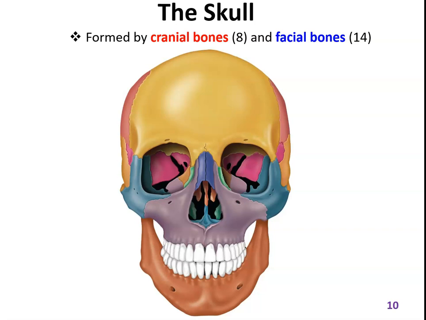There are a lot of holes that have to be there to let nerves and blood vessels and other things through. The main job of the skull is to protect the brain, that's the cranium, and then the face has a lot of other functions. And all of those functions are pretty much reflected in the structures of the skull.